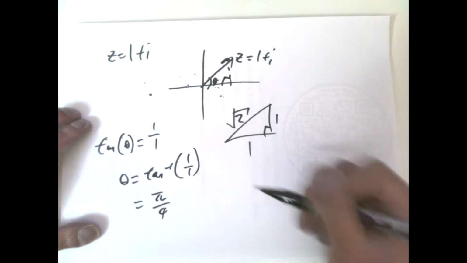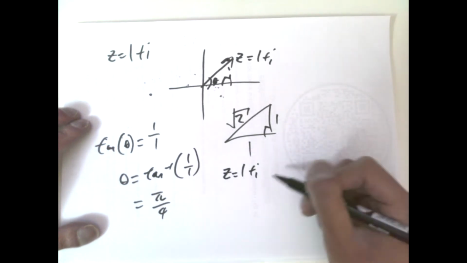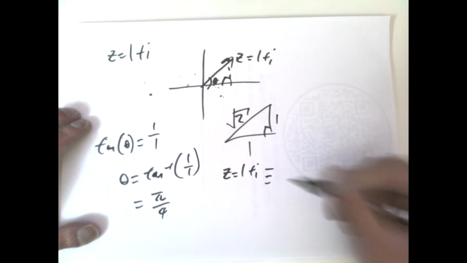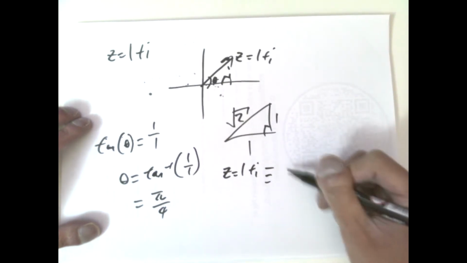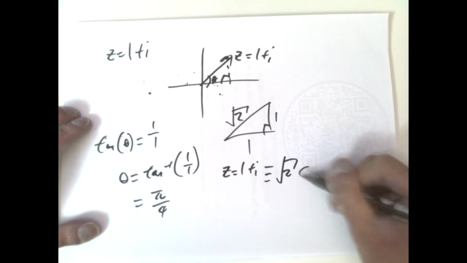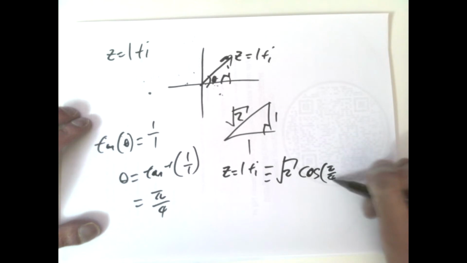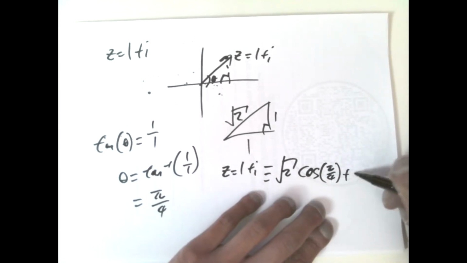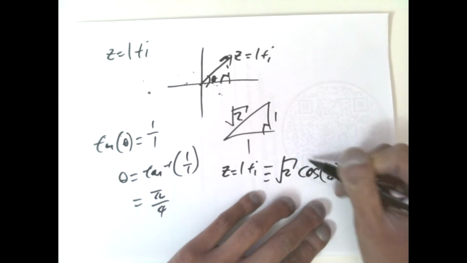So we can change this complex number z equal to 1 plus i into an equivalent form, what they call the trigonometric form, where it is root 2 times cosine pi on 4 plus i sine pi on 4.